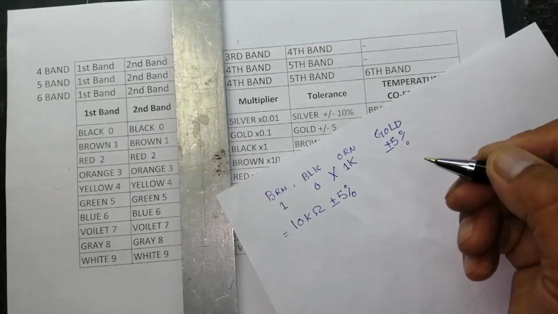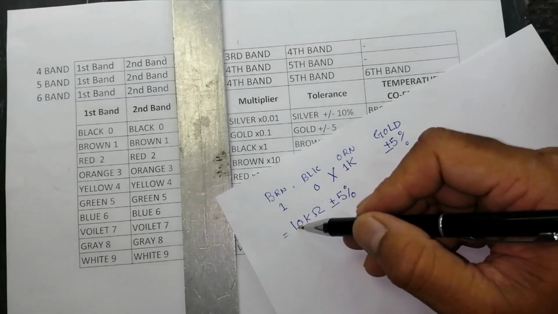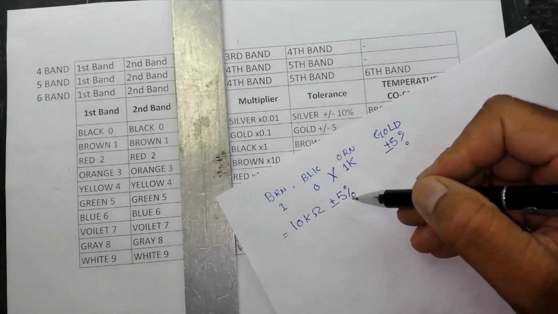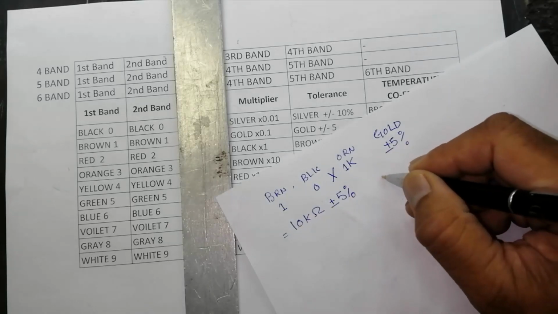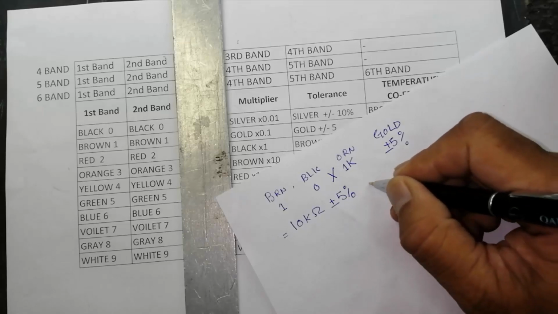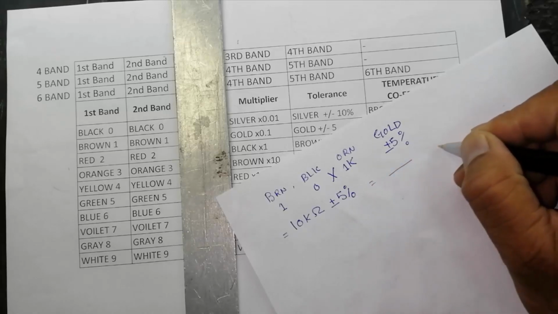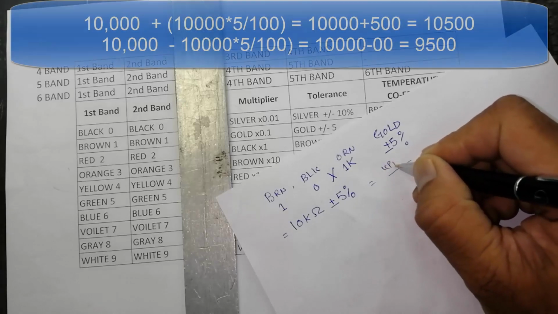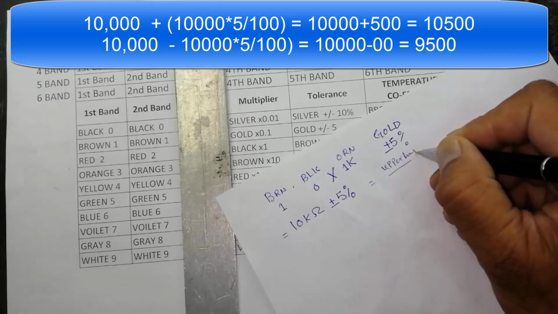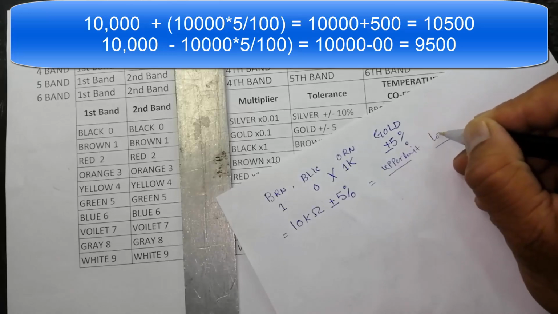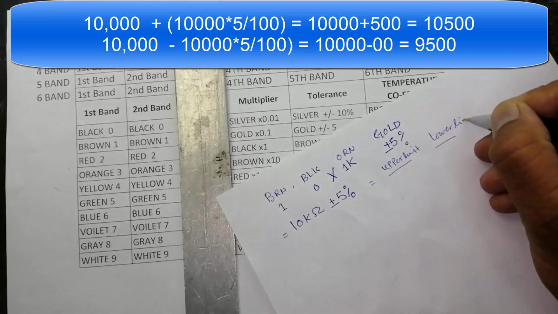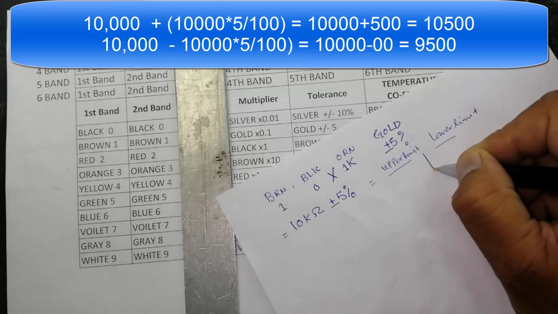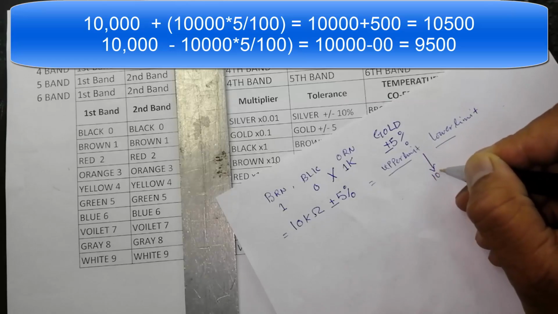So if we calculate 10 kilo ohm, 10,000 plus minus 5%, if the reading is between the upper limit or lower limit, the center value is 10k.